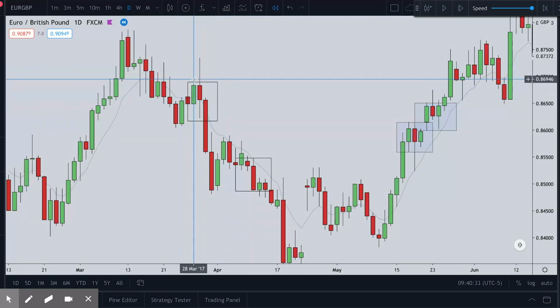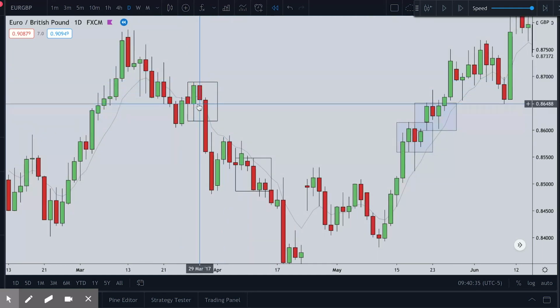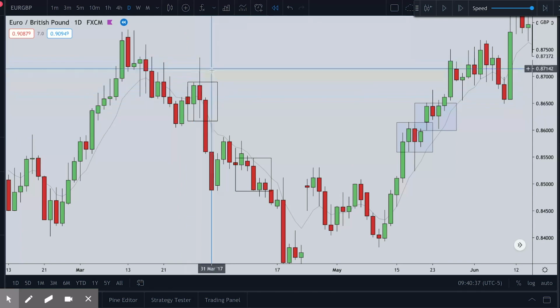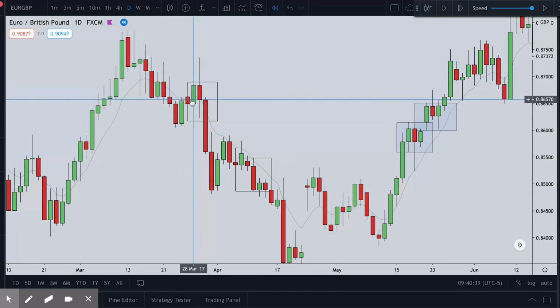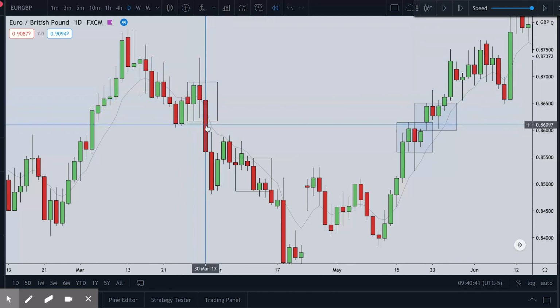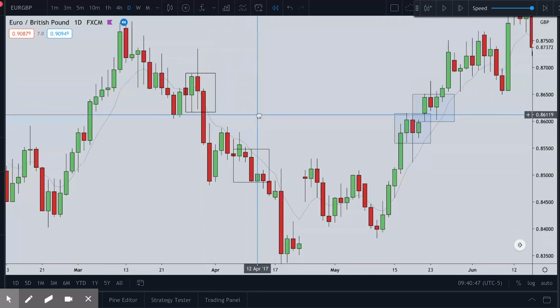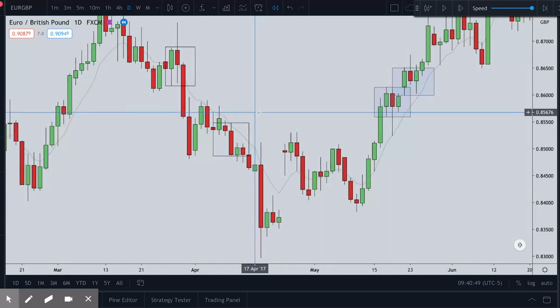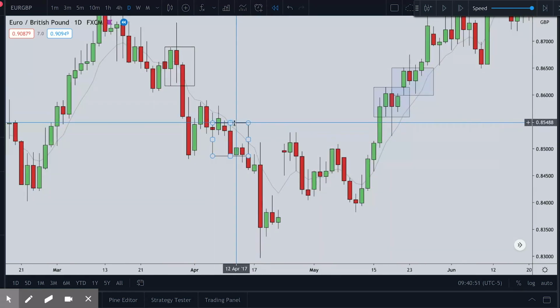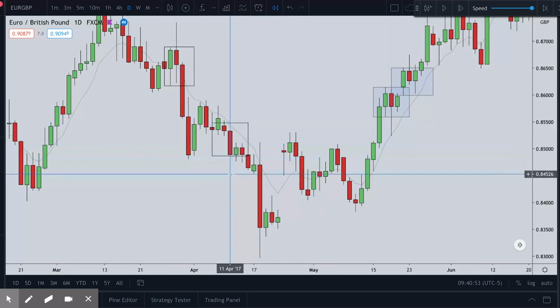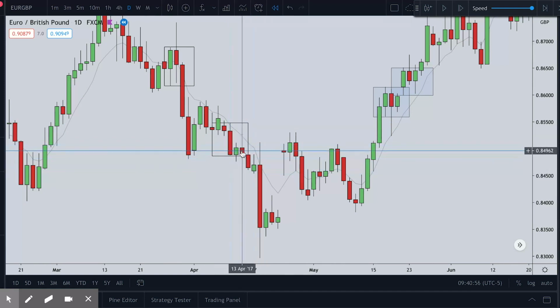So even though here we are connecting wick to wick, we do not need to worry about the wicks on the next inside bars. We only need to worry about the candle body. Now, when we then see a candle body closure beneath the low or above the high of the previous day, that is our trigger for our trade, okay? Does that make sense? So for example, here we have the high of this day and the low of this day connected. We have 2 candle bodies trading within it.